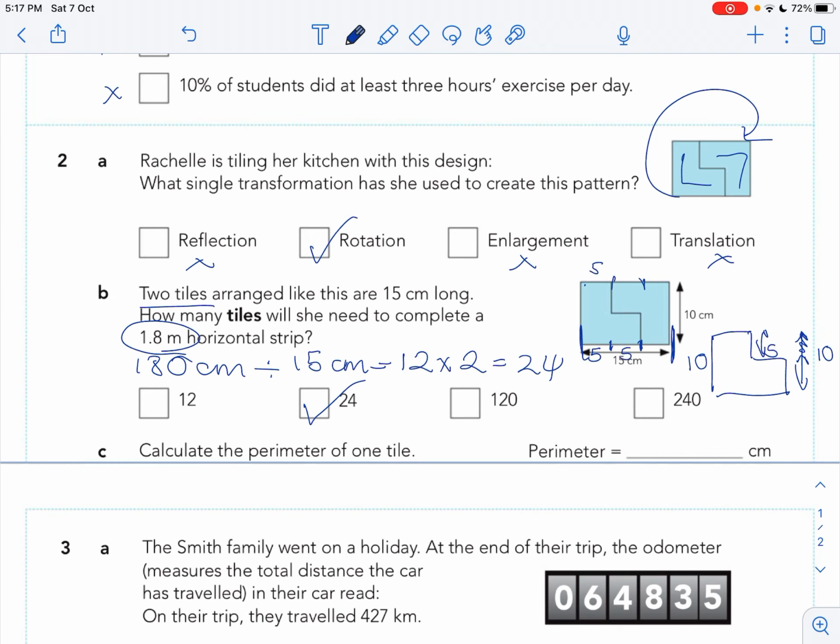Okay, so that means that's 5, and that must be 10 then. So if we add all the sides together, we get 40 centimetres. 10 plus 10 plus 5 plus 5 plus 5 plus 5 here as well. Okay, so that makes 40 centimetres.